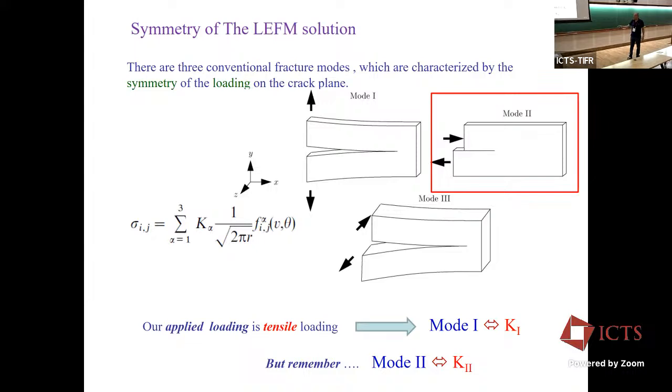But just remember, mode 2 exists, and all of these fields are, as we get near the singularity, but not too near, because this is still the linear elastic solution for cracks, some K divided by the square root of r, times some universal function. K1 relates to mode 1, K2 relates to mode 2. Whenever you see a K2, it means that there's a shear component.